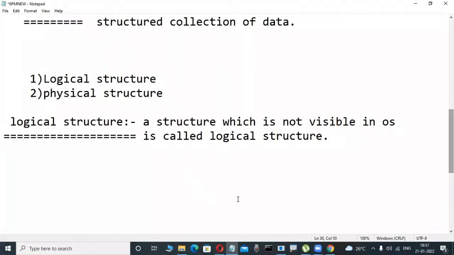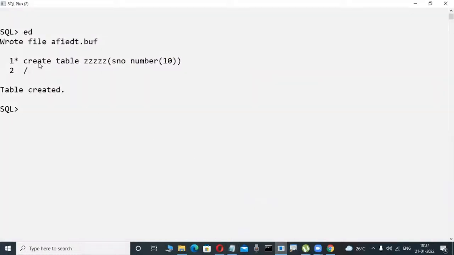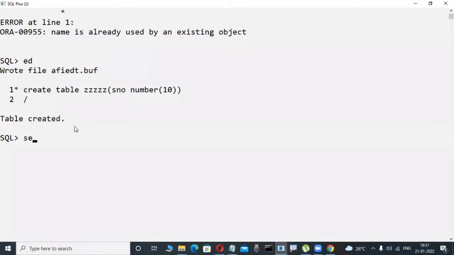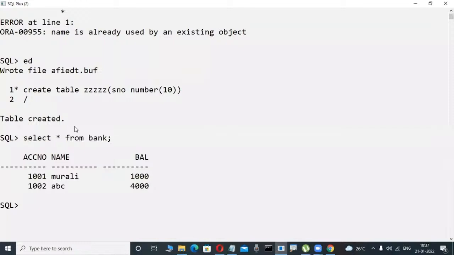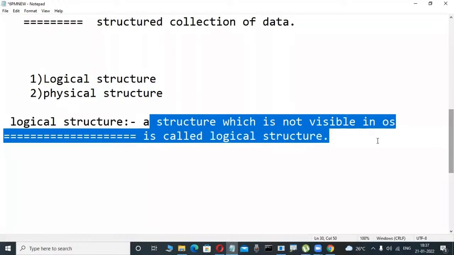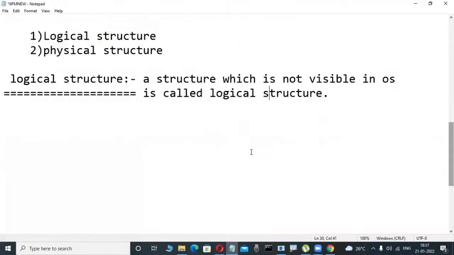That's why when you create a table, we are unable to view it in the C drive, D drive. But it is visible in the database. So those tables are visible in a database, not in the C drive, D drive. That's why a structure which is not visible in the operating system is called a logical structure.